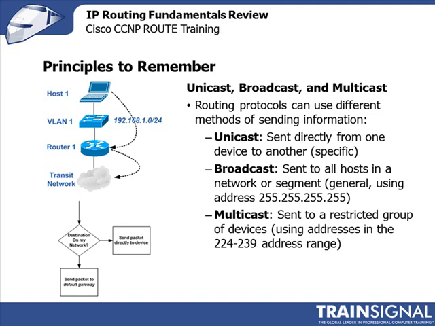And then there's multicast, which is a little bit more like a club where you have to have a membership to get in. Multicast is sent to a specific group, and this is usually within the 224 to 239 or Class D address ranges. So keep in mind that with routing protocol operations, you're going to have unicasts, broadcasts, and multicasts in terms of functionality.